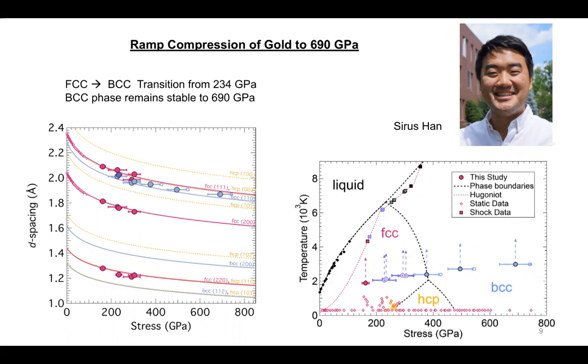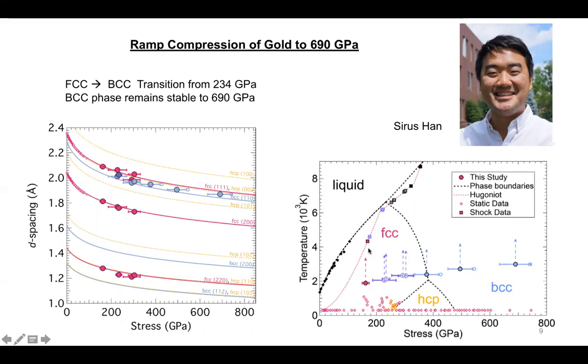And in Cyrus's work, he's shown that gold will transform under ramp loading from an FCC phase, indicated by these purple or magenta circles, to the bluish color here, which is the BCC phase. And that's at around 234 GPa, and then the BCC phase remains stable to 690 GPa.